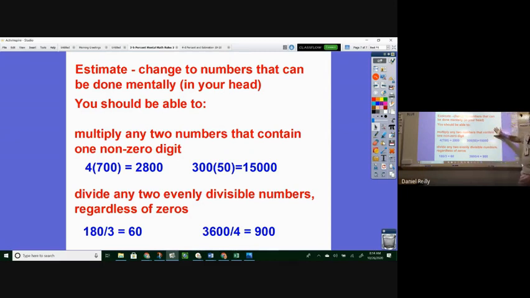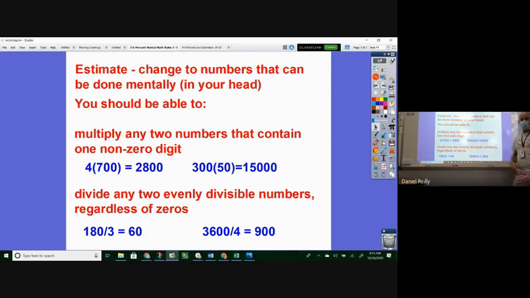And you should be able to, as we were talking about, multiply any 2-digit numbers like these. You should be able to multiply in your head very simply. You multiply the digits and then you add the zeros. 4 times 700 is 4 times 7, 28, and then add 2 zeros. 300 times 50. 3 times 5 is 15, and add 3 zeros.